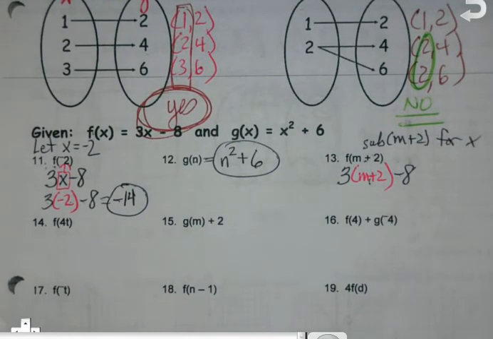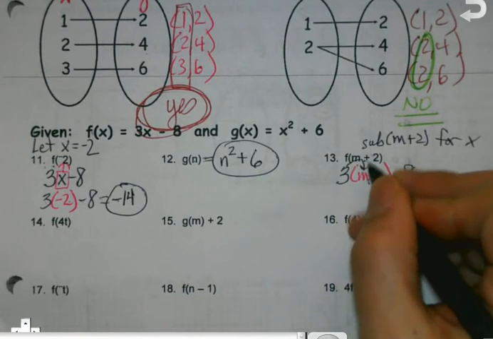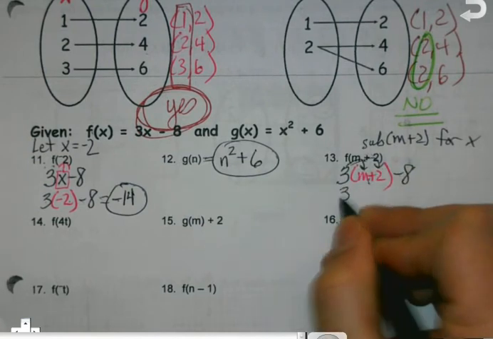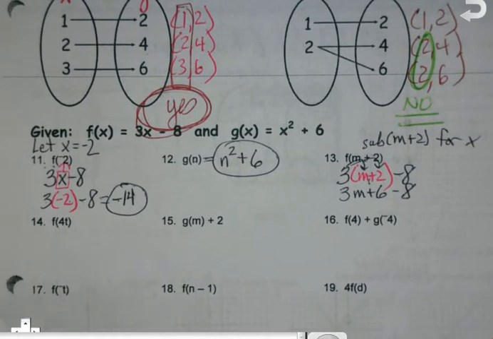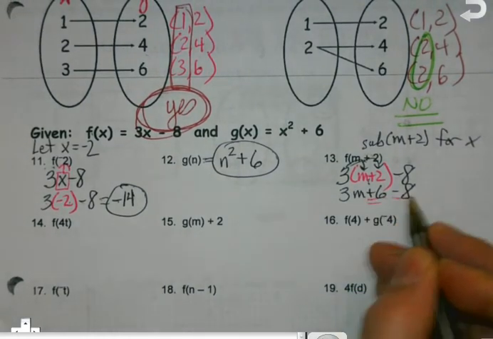Now this one I've got to do a little bit of work. If I see the parentheses, I have to distribute. Can I do anything else for this one? Yeah, I can combine the like terms.